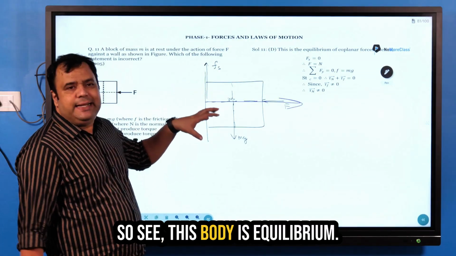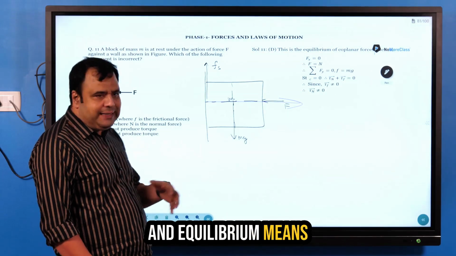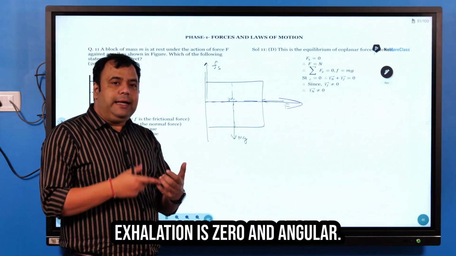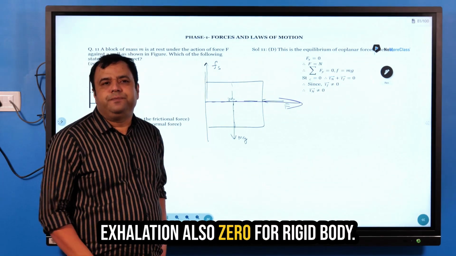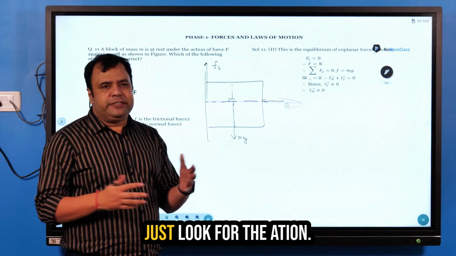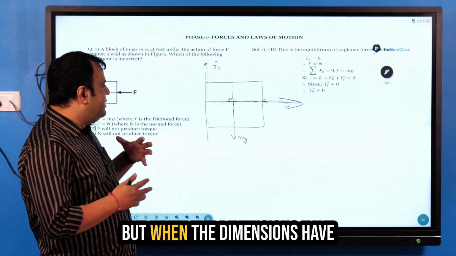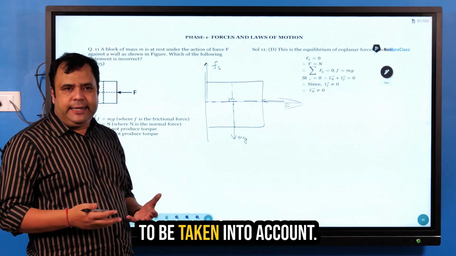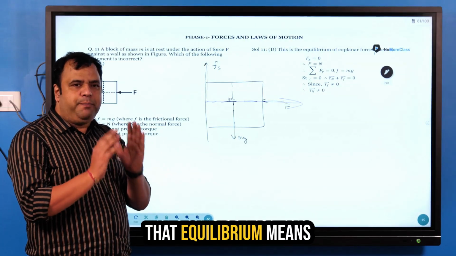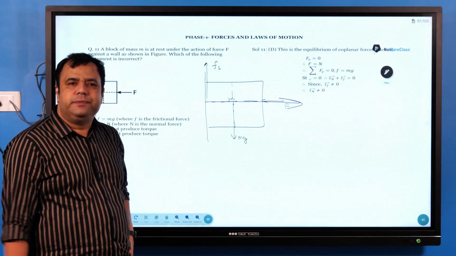See, this body is in equilibrium. And equilibrium means acceleration is zero, and angular acceleration is also zero. For rigid bodies, if it is a point mass, we just look for acceleration 0 because they don't have dimension. But when the dimensions have to be taken into account, then equilibrium means a is 0 and alpha is 0.